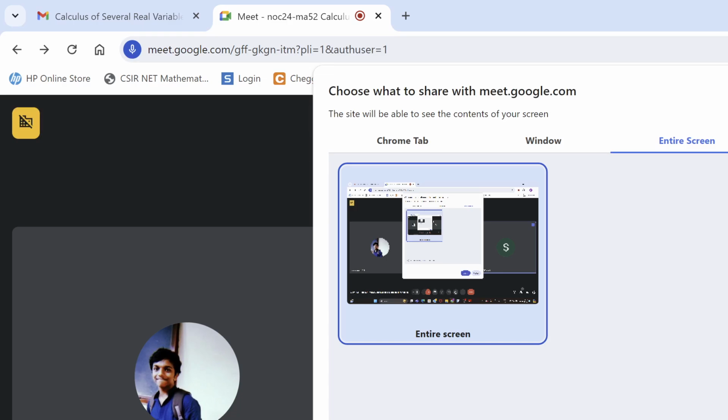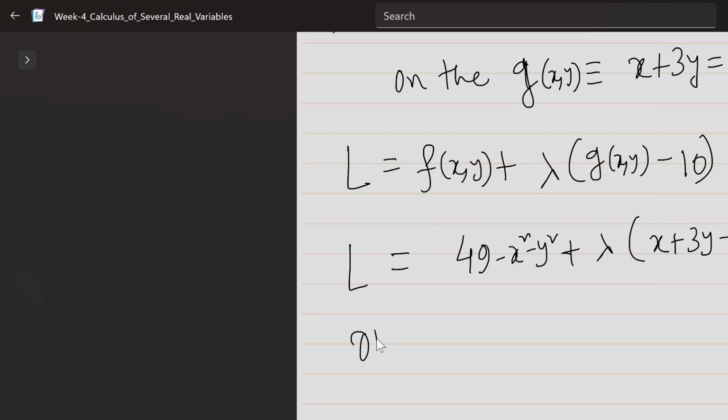Okay, so yeah, I was here. You have to find the maximum or minimum for L. So find del L del x, which is minus 2x plus lambda, and del L del y equal to minus 2y plus lambda.